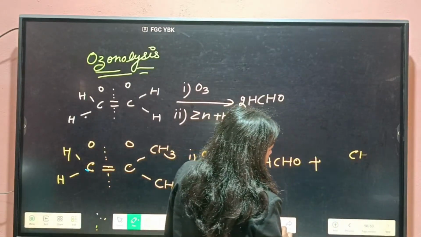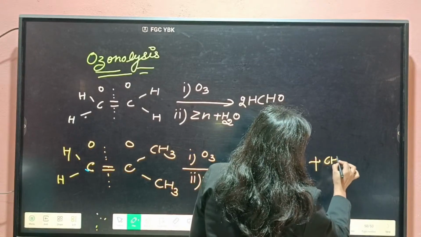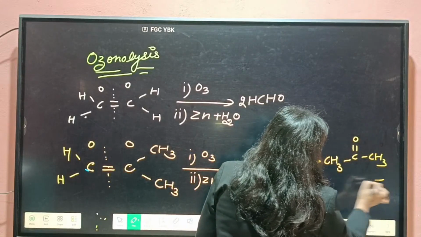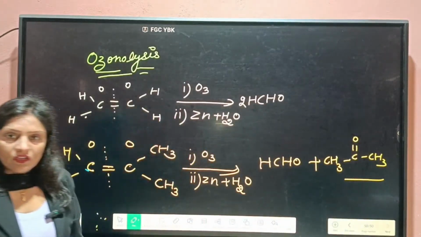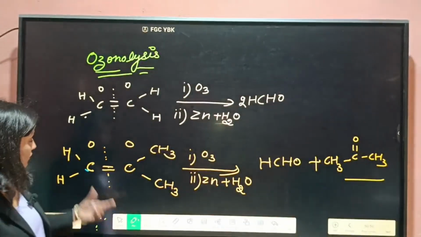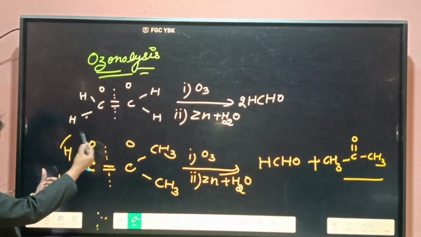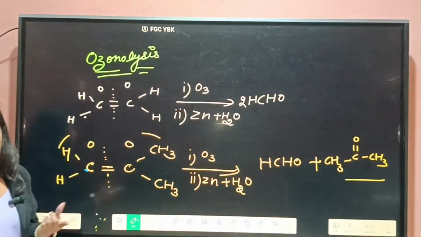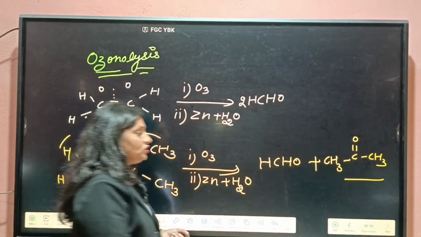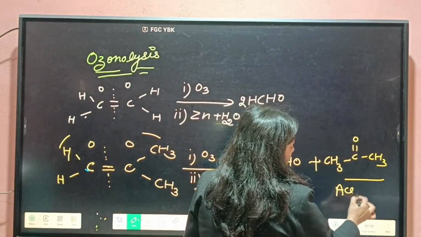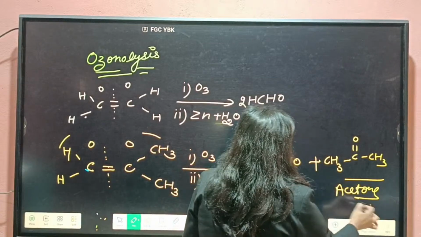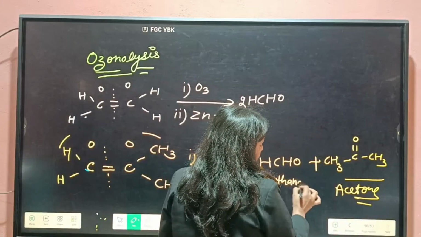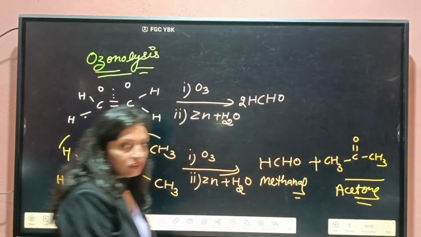CH3, C double bond O, CH3. Clear or not? This one, you break this one, HCHO, and this is the CH3COCH3. Clear? This is acetone. And this one is methanal, formaldehyde, it is also known as formaldehyde.